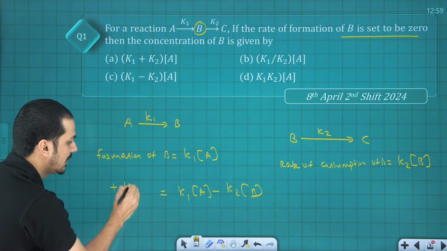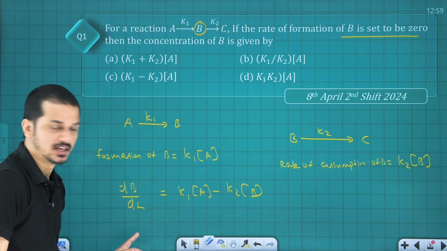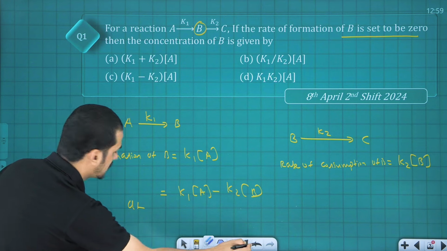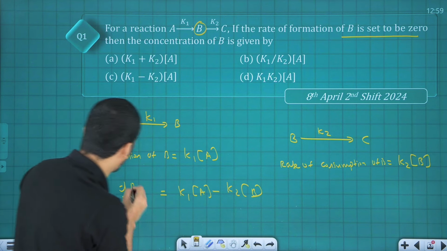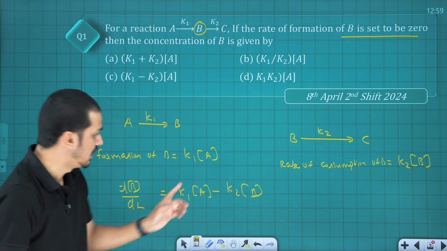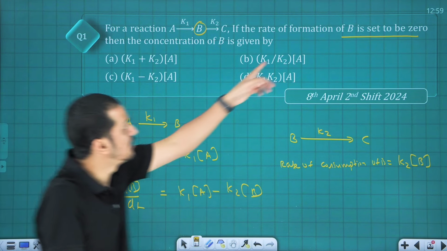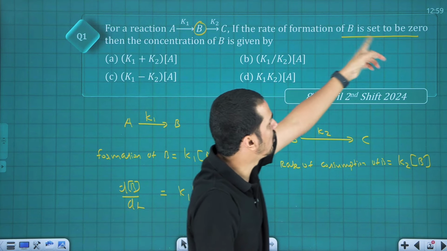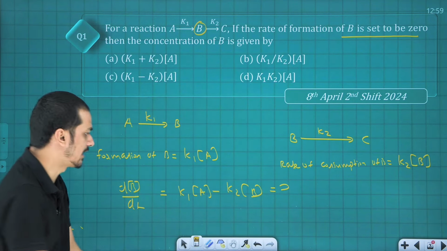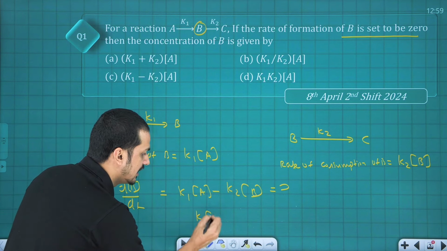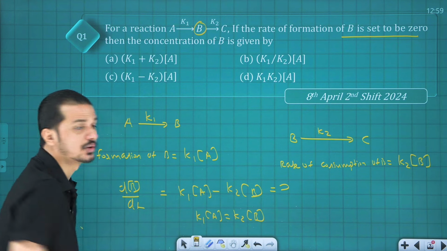I can write dB by dt equal to K1A minus K2B. They have given that the rate of formation of B is said to be 0, so dB by dt is equal to 0. So what can I write? K1A equal to K2B.